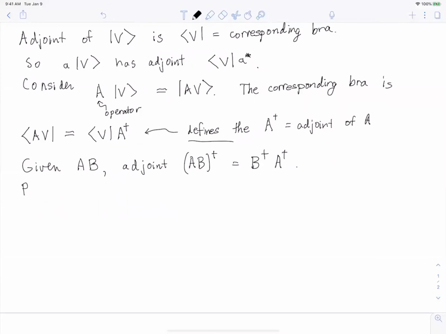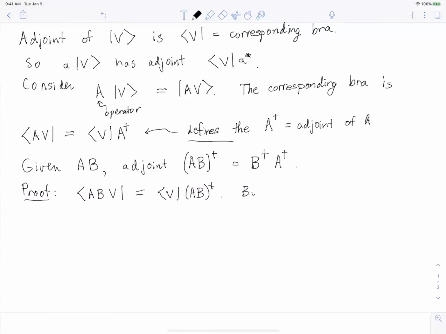And to prove this, the proof fortunately is a one-liner, or maybe a couple of lines. But suppose I look at the bra AB V, where V is some vector. Okay, by definition, this is the bra V times AB dagger.